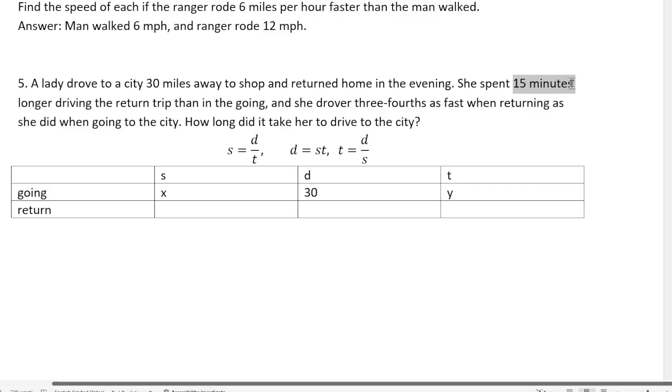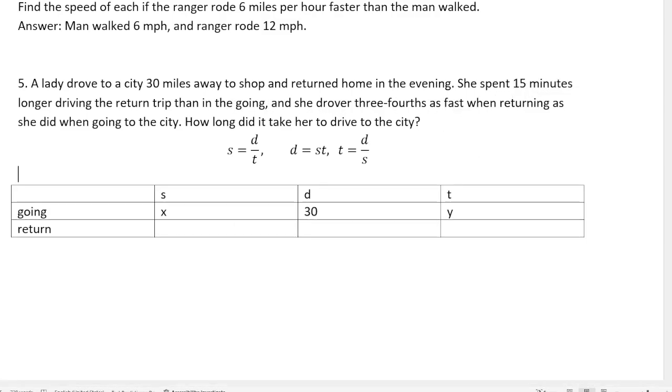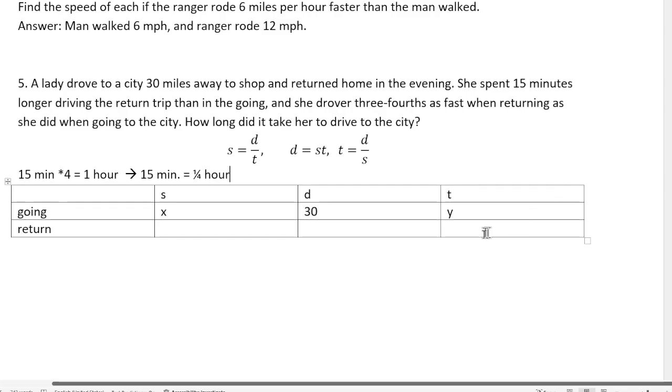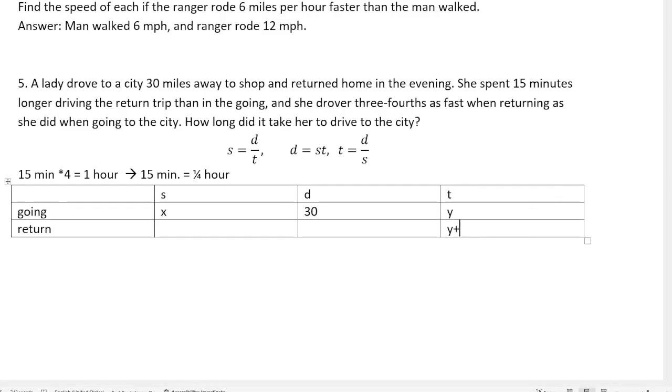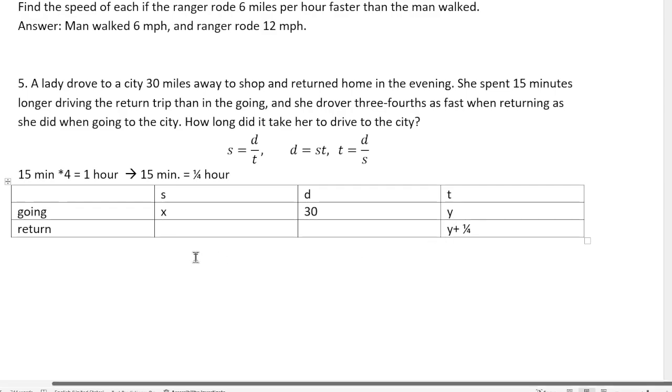But when we see this 15 minutes longer driving the return trip than the going, we first have to convert 15 minutes to hours. So 15 minutes, well, if you have 4 15 minutes, you end up with 1 hour, right? So that means 15 minutes is equal to a quarter of an hour. So we're going to say that the return trip was a quarter more than going.